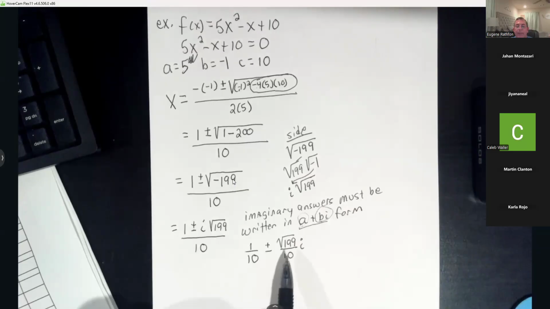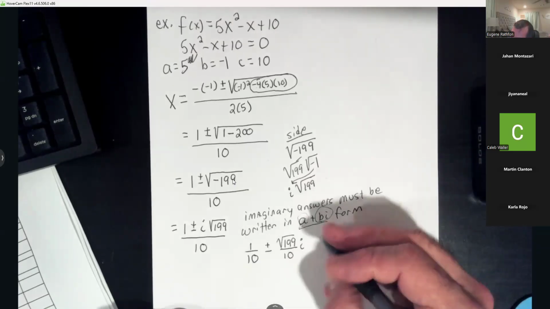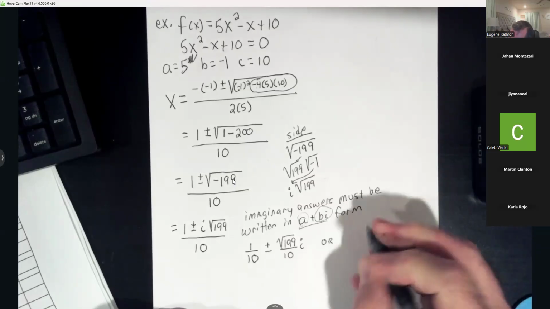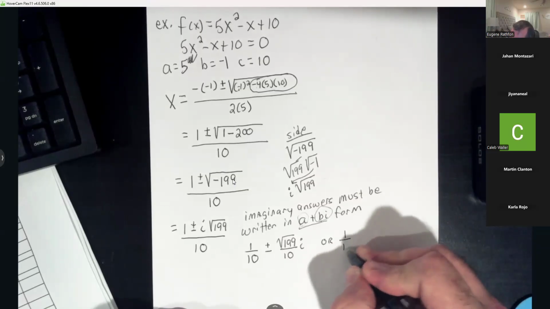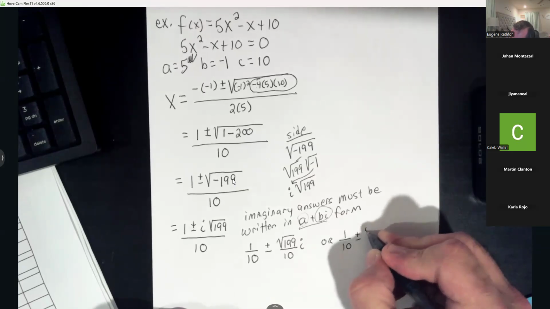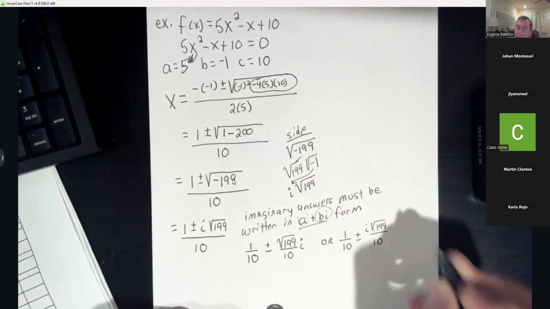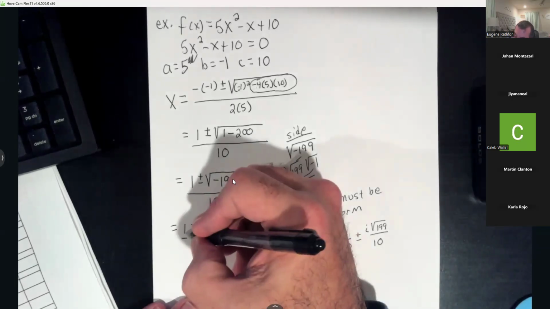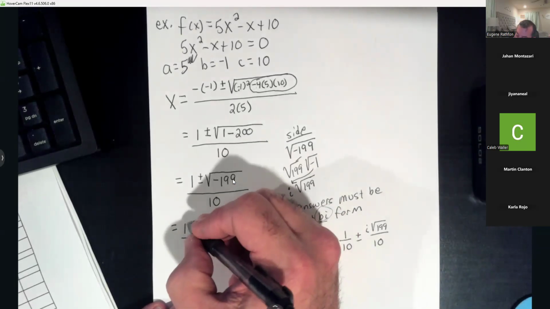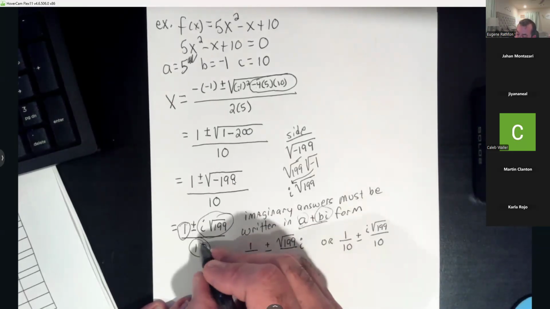I. So you can either write it like this. So this is your real part and your imaginary part. Or you can write it like this: 1 over 10 plus or minus I square root of 199 over 10. But y'all, what you realize is everything on top is over that 10.